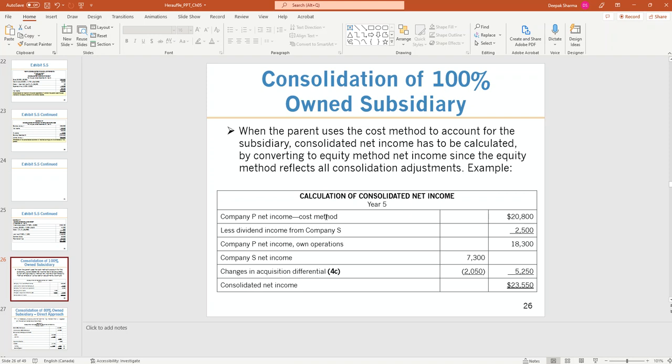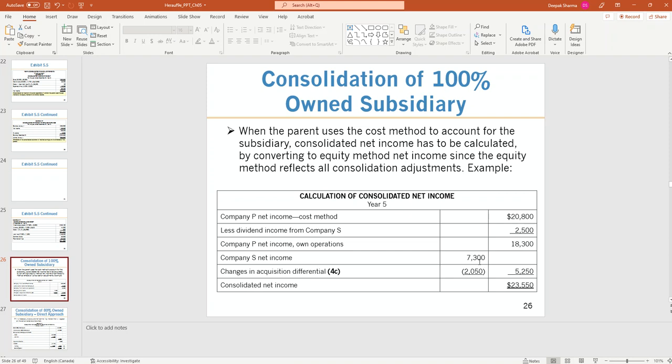If you use your cost method, you have 20,000 of 800, 20,800 of your investment. You subtract the dividend. Remember, when the company pays dividend, you take it out from the investment account. So this becomes your investment balance. Then you look at the net income, which is 7,300 of the subsidy, because this is 100% owned.